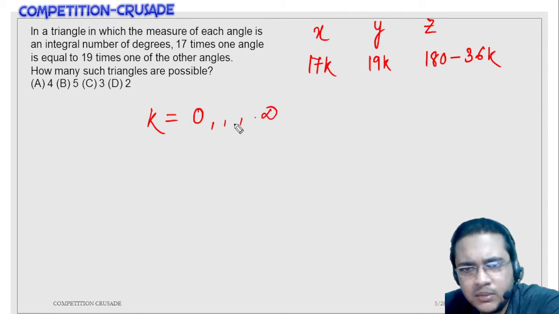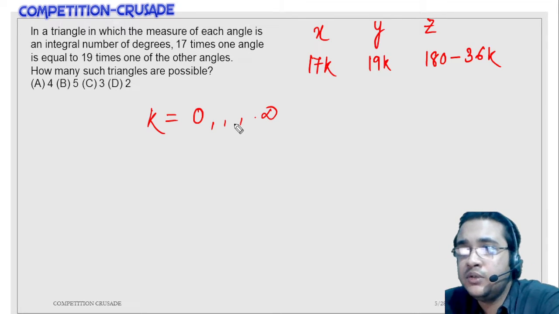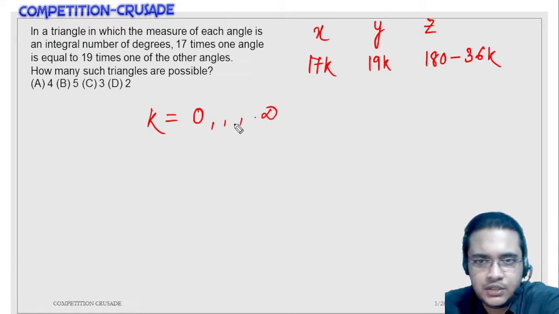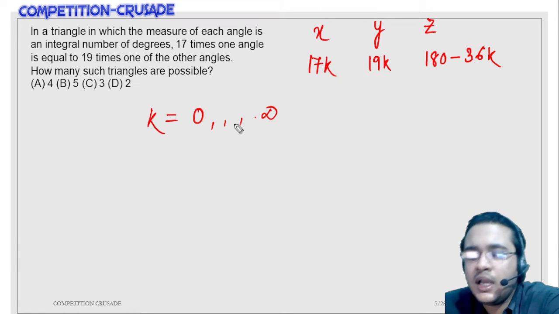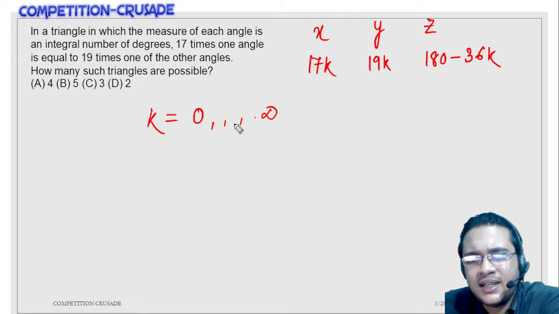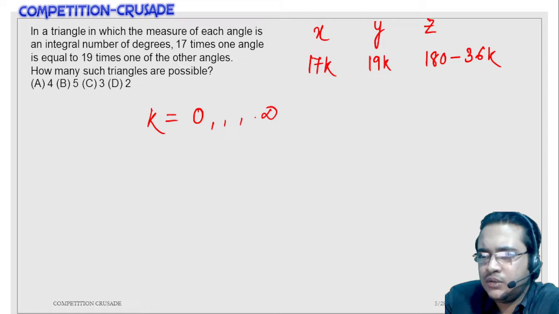Okay, all the values are possible, but we are told that these angles for the triangles will be integral in nature. So fractional goes out, also 0 goes out, and in any case, no side of a triangle can be of 0 degree, otherwise it will not even be a triangle. Okay, तो इतना तो clear ही है.